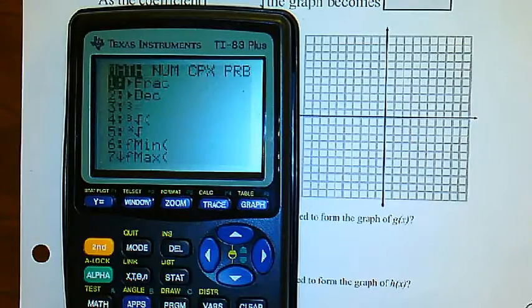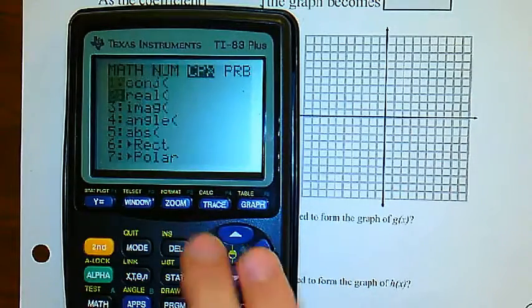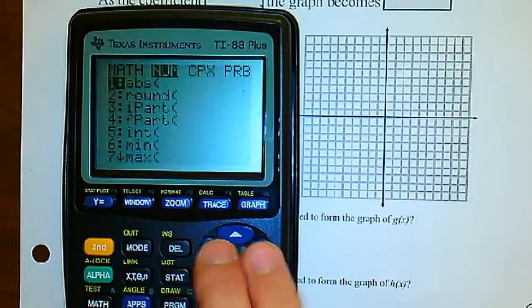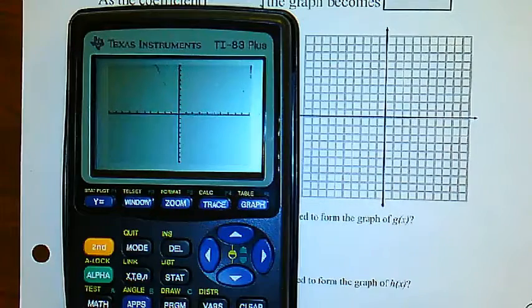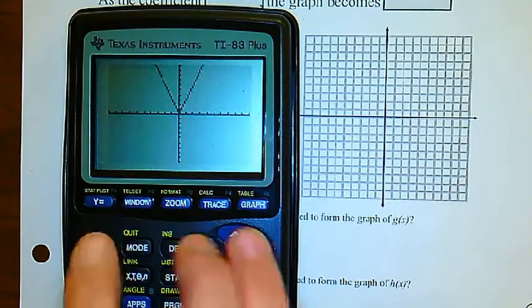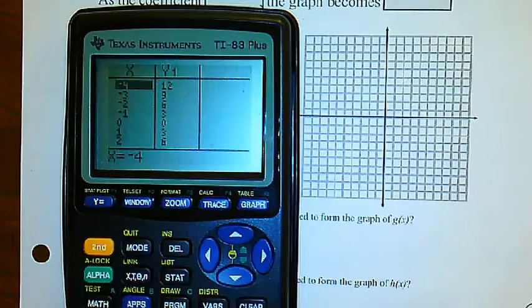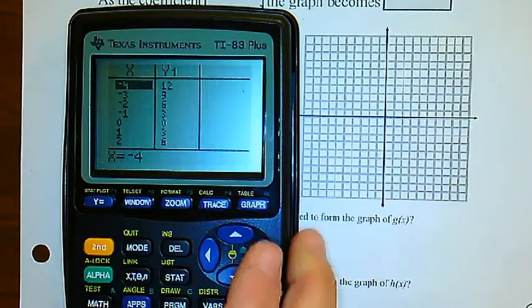Then you hit your math button. Go to your absolute value and hit the x. Again, you can see, same type of deal, it squeezes it.